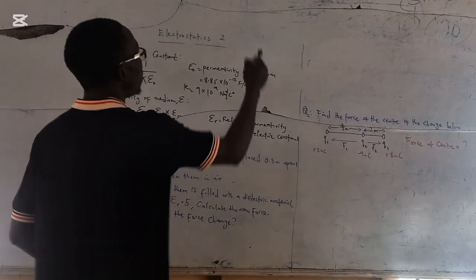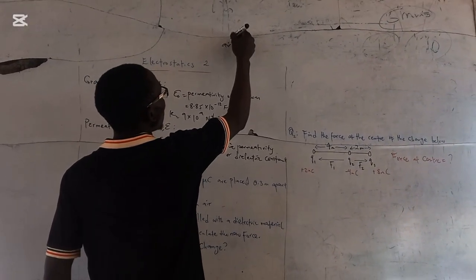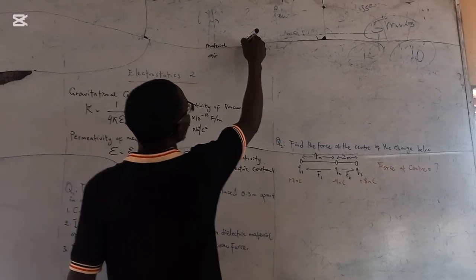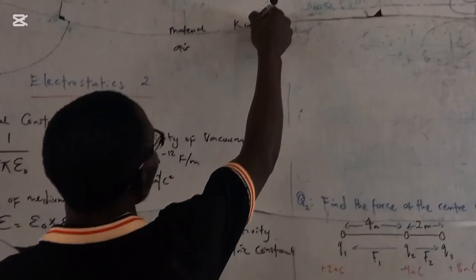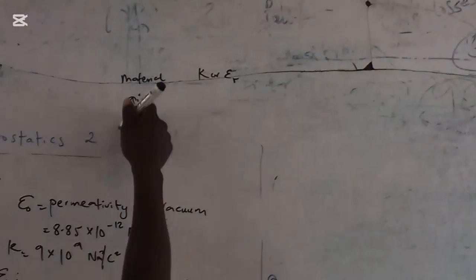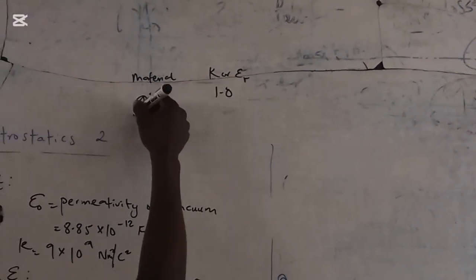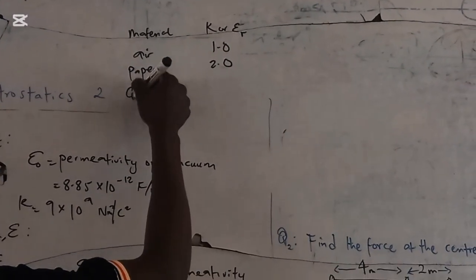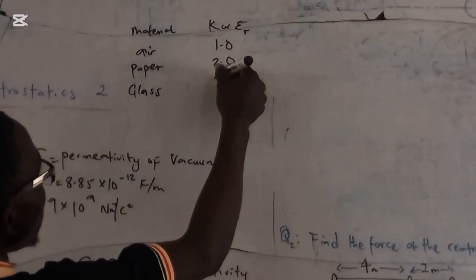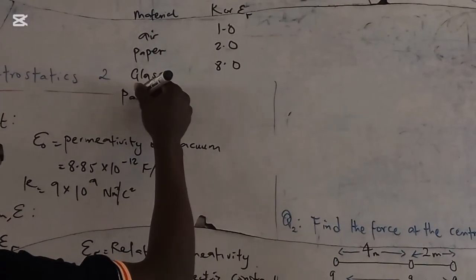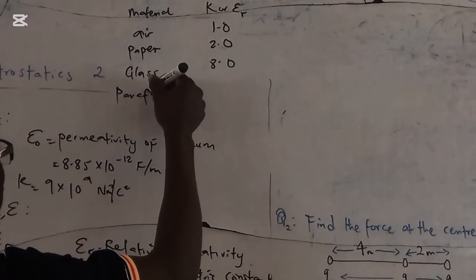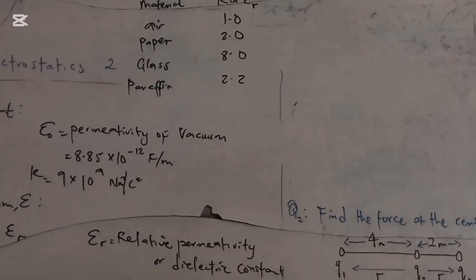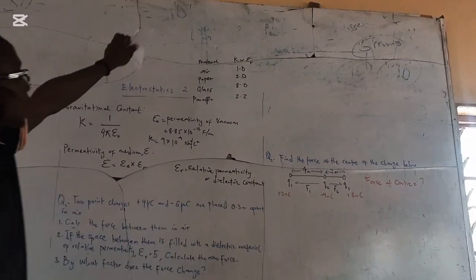For the material and the constant, which we can call K or epsilon r: for air it is 1.0, for paper it is 2.0, for glass it is 8.0, for paraffin it is 2.2. That is the dielectric constant for each of these materials.